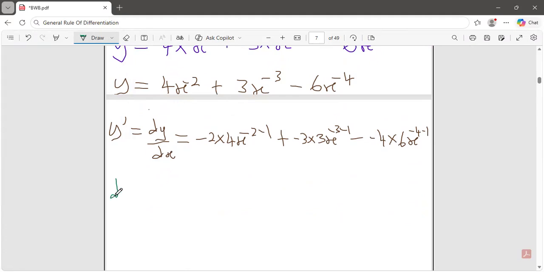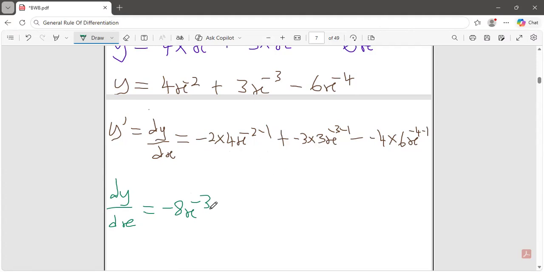So from here, we see that our dy dx can finally be: negative 2 times 4 is going to give us negative 8, x exponent what? If you are owing someone 2 series and you still take 1 series, it means you are owing 3 series. So negative 8x exponent negative 3.